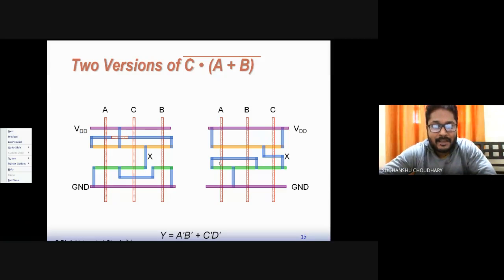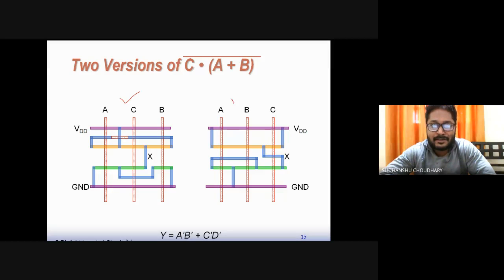But there has to be some common practice, some common rules by which the layouts can be created, and that layout has to be efficient, that is, the layout area should be minimum. If somebody is not following some rules or some method, then people will end up with such a design. This design, or maybe this design, is also created without considering any rules. That is why the placement of transistors is different here. We don't know whether this placement is optimum or not.